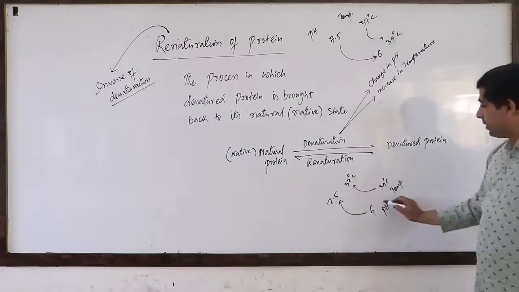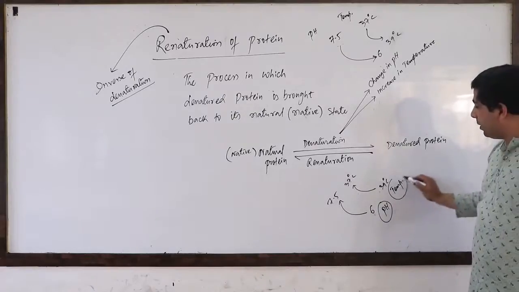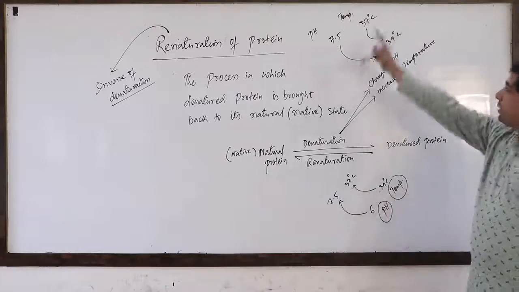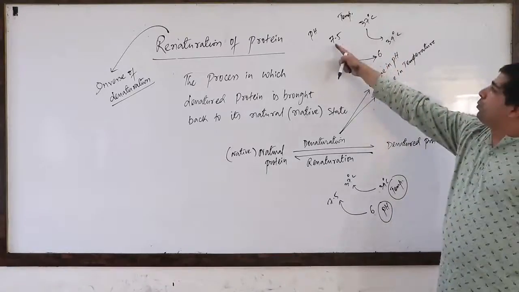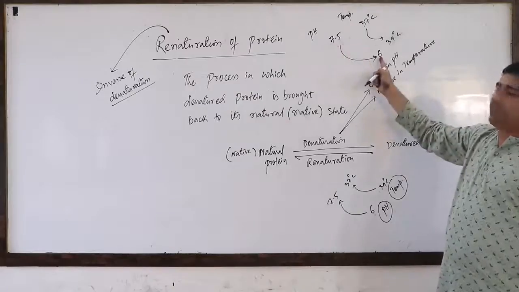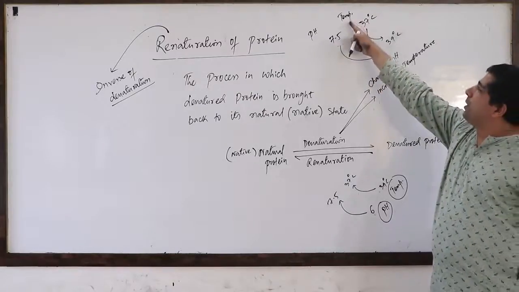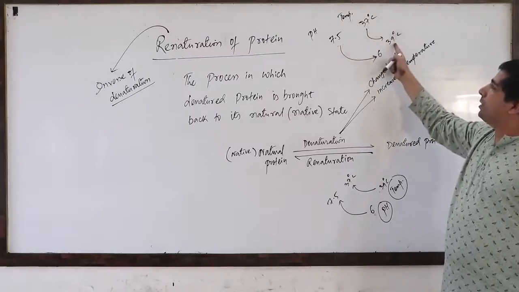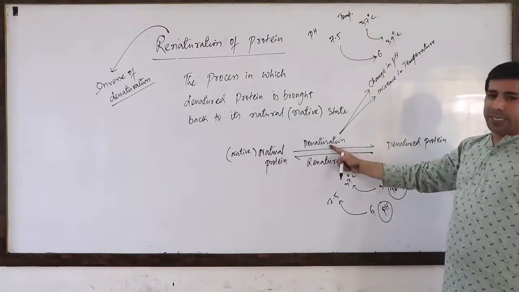So you are reversing the pH and you are reversing the temperature as well. So in this particular process, what was the change in pH? pH was changed from 7.5 to 6. Let us suppose temperature was changed from 37 to 39 degrees Celsius, means increase in temperature was there. And what was happening? Denaturation.